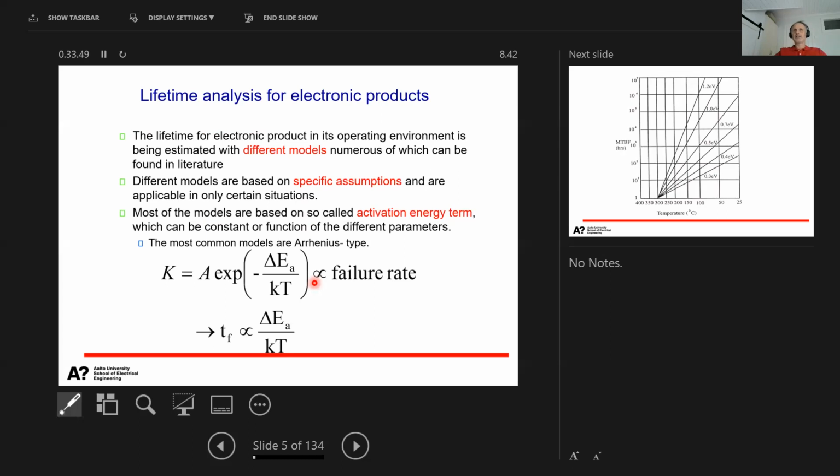We don't have a similar type of Maxwell equations in reliability, where we could basically calculate all possible things if we know the boundary conditions, because there are too many variables or factors affecting the reliability. So every model is based on specific assumptions, and therefore they are applicable only to certain situations.